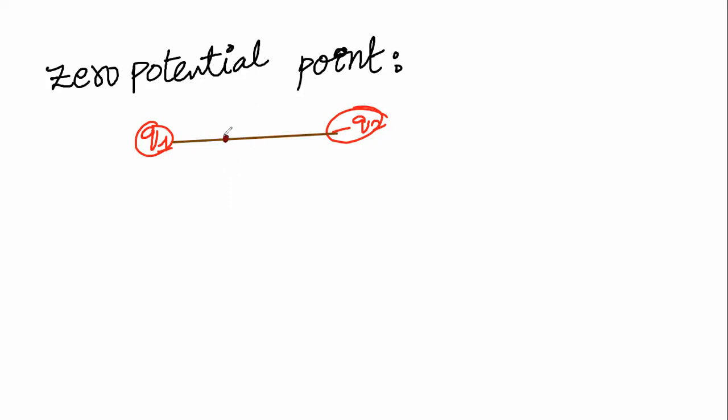Let us suppose the zero potential point forms at a distance x, and the other distance is d minus x.